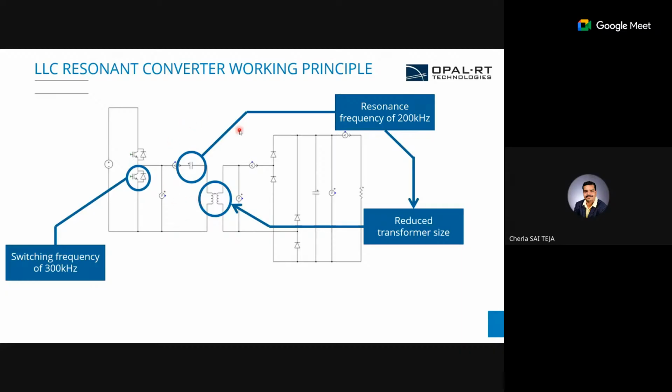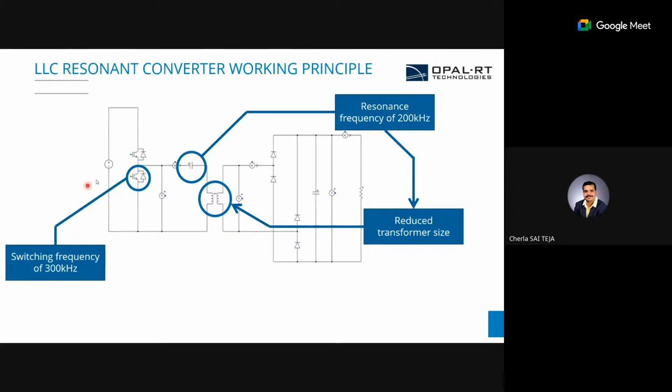So if you see this LLC based resonant converter working principle, after the primary AC to DC conversion followed by the boost chopper, we'll be having this LLC tank. The leakage inductance and the magnetizing inductance of the transformer winding will provide you a double L, and you'll be having a resonant capacitor here.